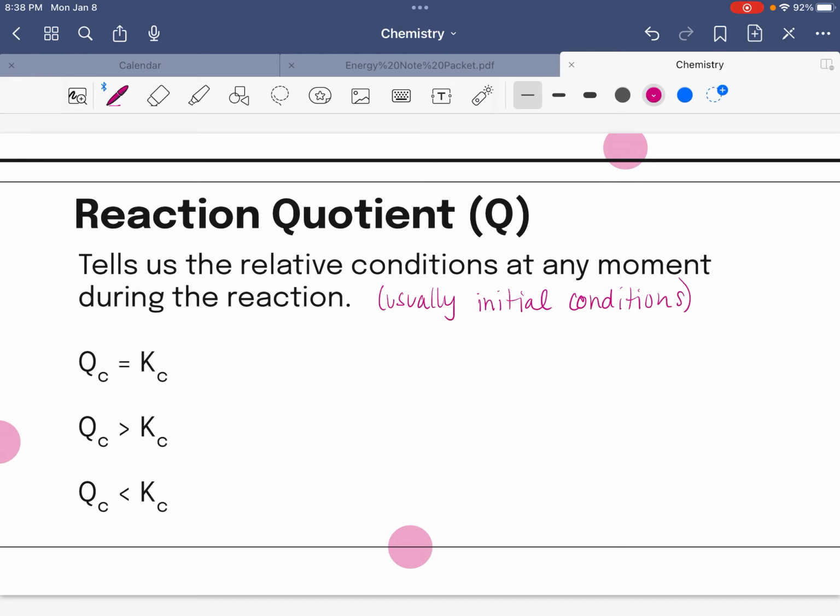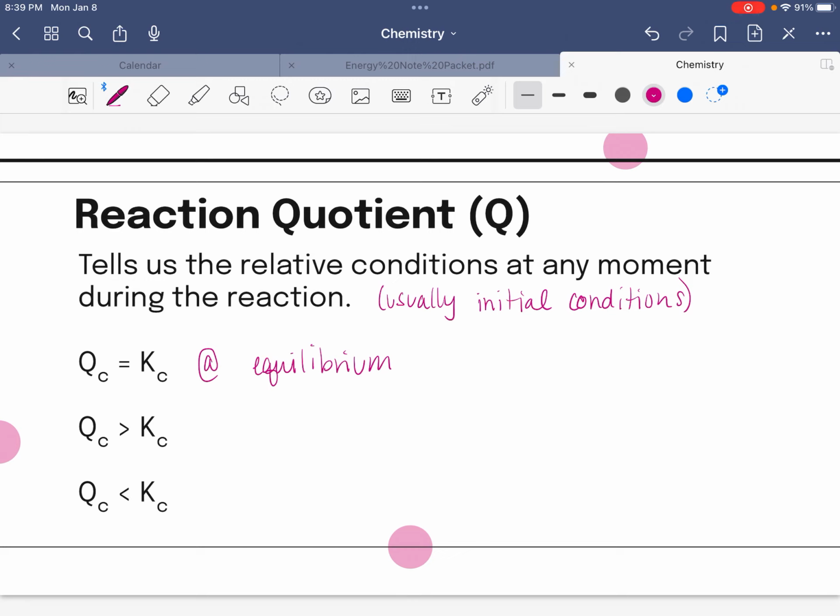If our Q value that we calculate is equal to our Kc value, our equilibrium constant value, this means that we are at equilibrium. For the next one, our reaction quotient Q is greater than Kc.